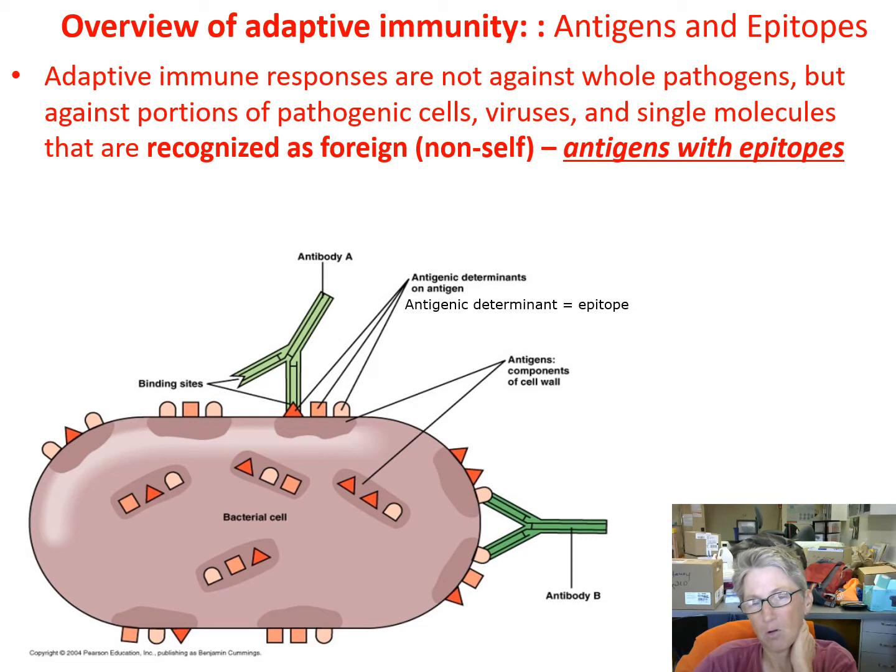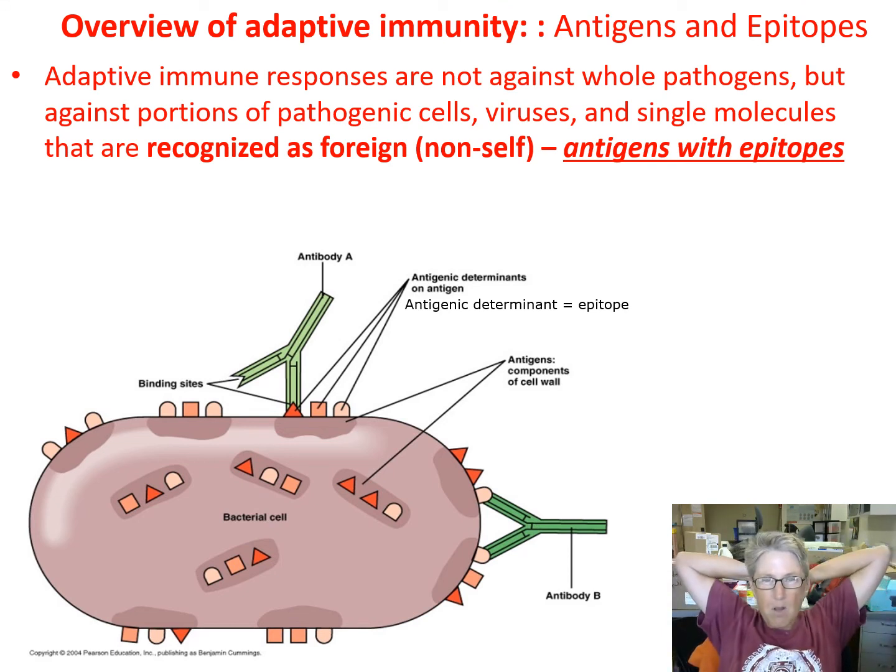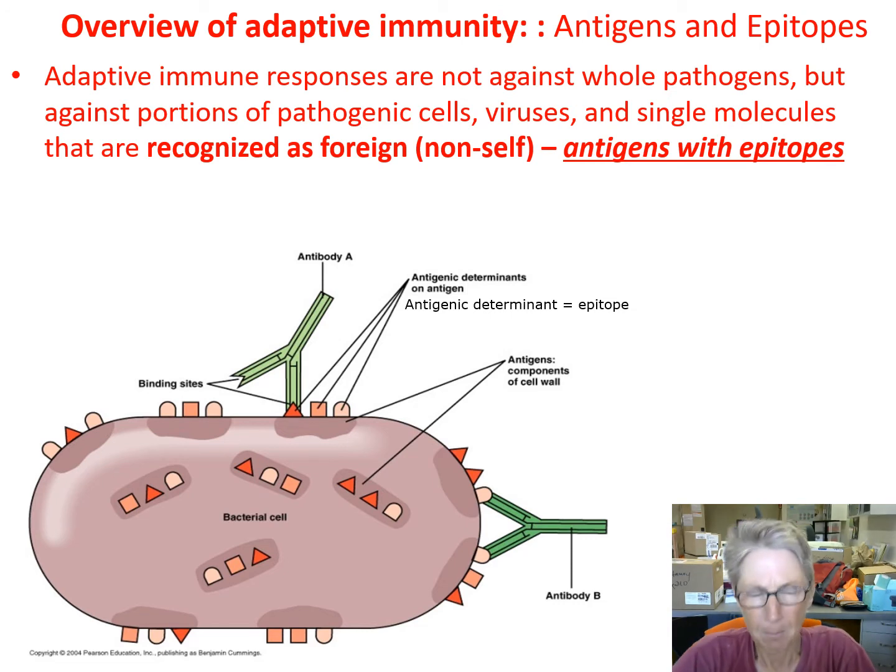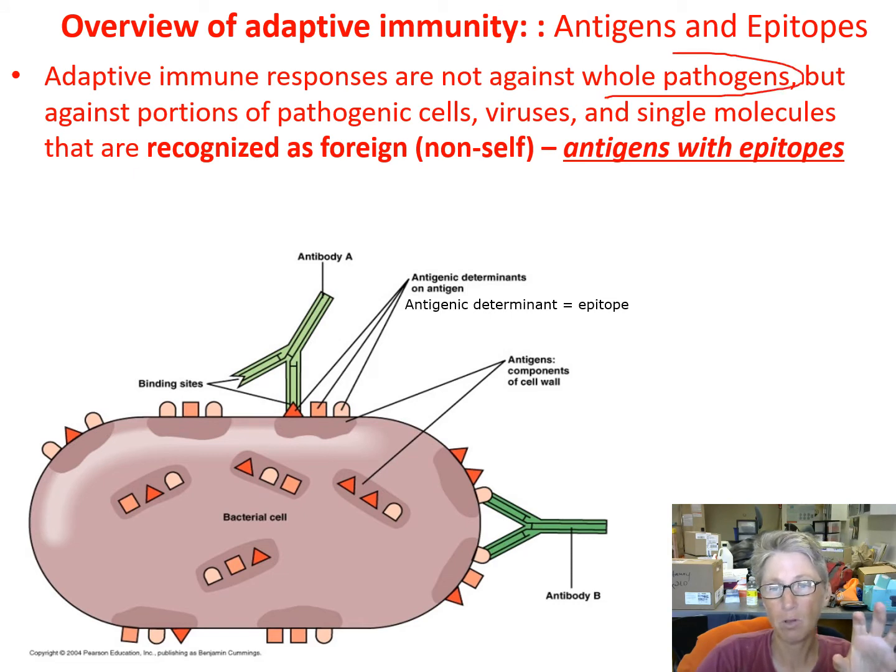So this is a cartoon talking about antigens and epitopes. This gets a little tricky because if you're not an immunologist, I think you kind of use antigen and epitope interchangeably, but they really are different things. Your adaptive immune response, or the third line of defense, the cells are not working against a whole pathogen.